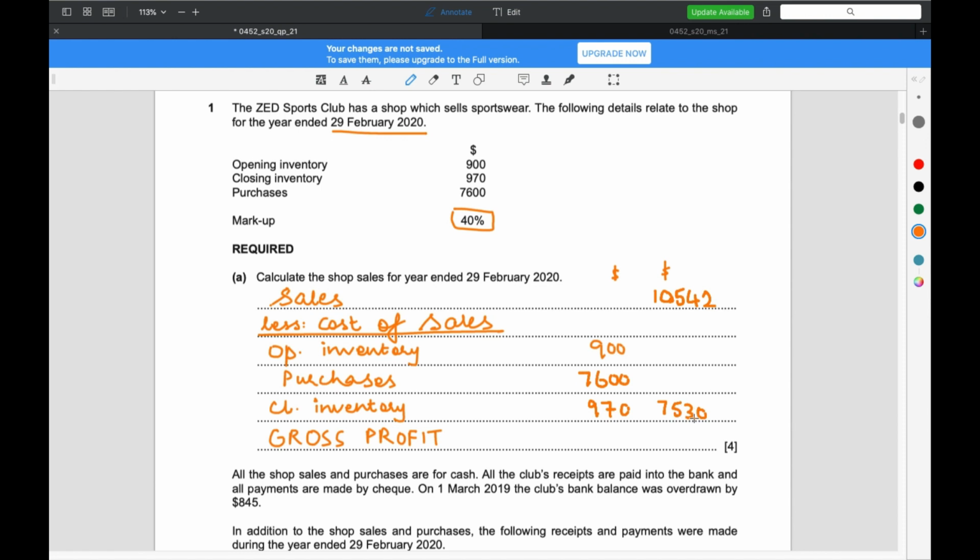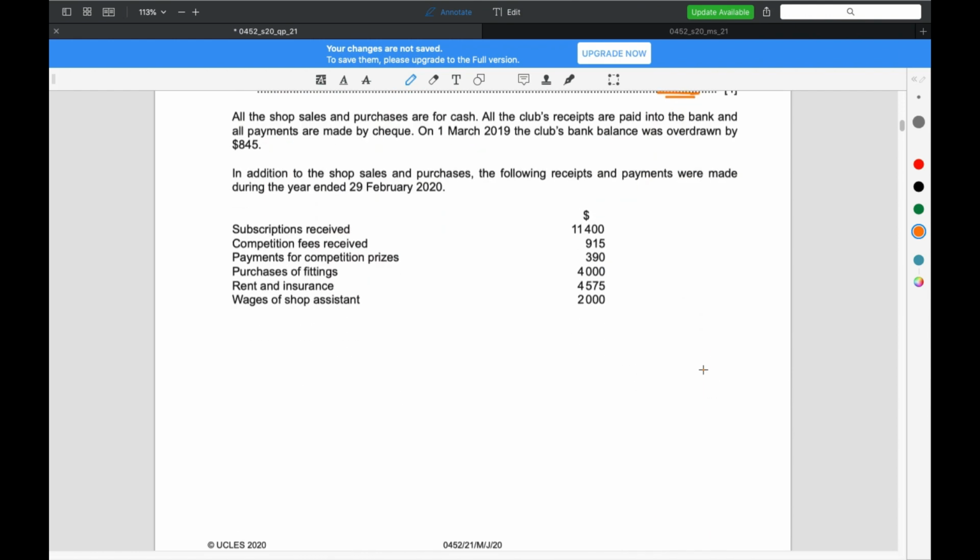Similarly, you can also calculate 140% of 7,530, and that is also going to give you the same answer. And the gross profit, put that in brackets, is going to be $3,112. So this one was simple.